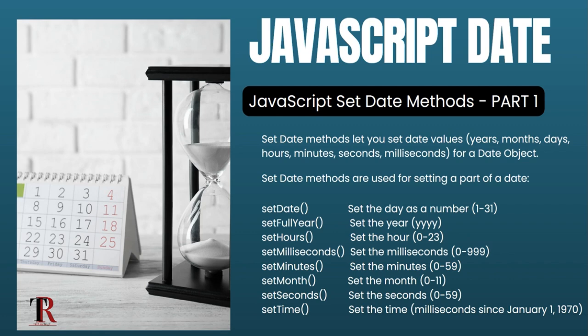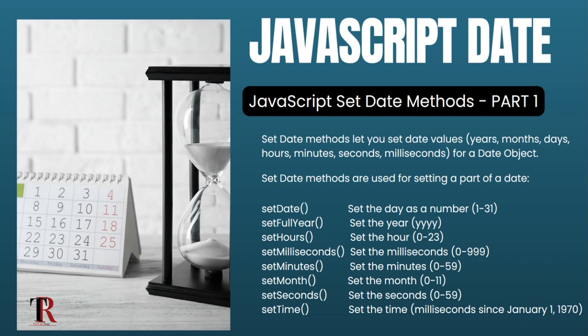Like I said in the previous lesson, there are months that have just 30 days, some months that have 31 days, and one month that has 29 days, which is February. So when you use the setDate method, it sets the day as a number, depending on the day the number falls in, so it's always going to be between 1 and 31.